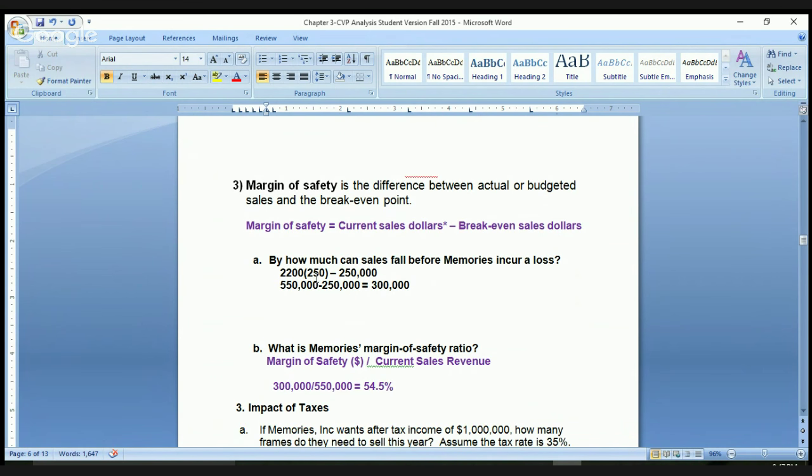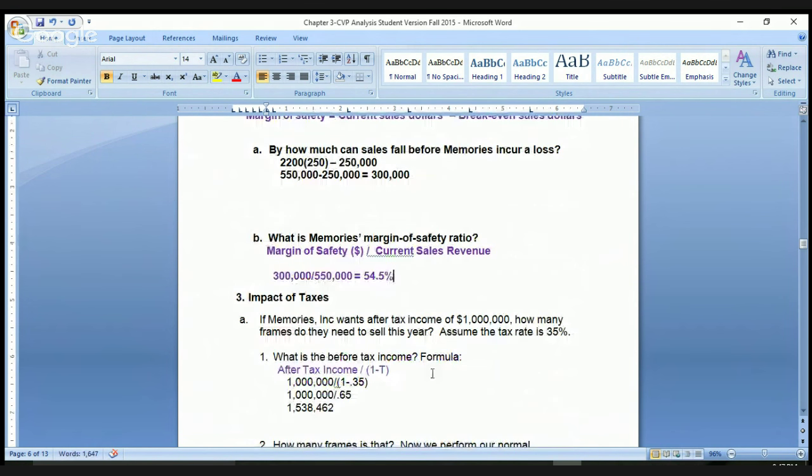Now, how do taxes have an effect on our net income? So let's change it up a little bit where instead of having an operating income of $1 million, they want to have an after-tax income of $1 million. And they go on to tell us that our tax rate is 35%. Well, the first thing we have to do is figure out what that pre-tax income is. So we take the target amount that we want, which is $1 million, and divide it by 1 minus the tax rate.